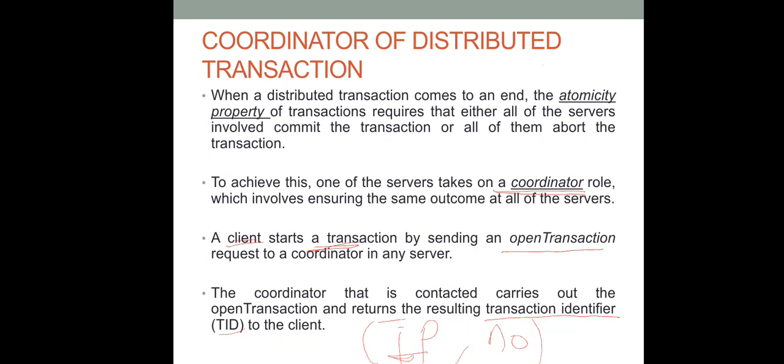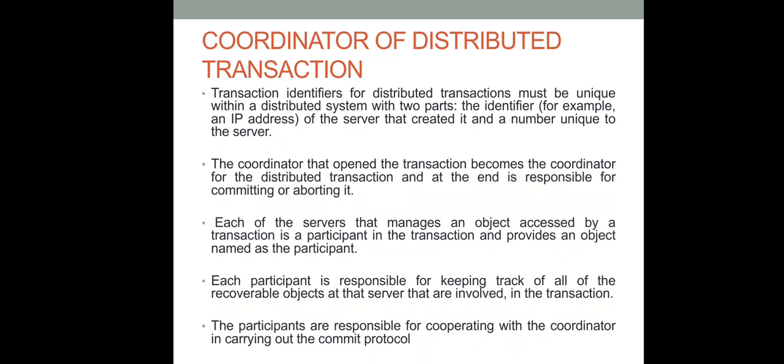So the steps are: first, for the open transaction, the coordinator will send the transaction identifier to the client. The client can have many operations, so the coordinator need not know what all operations the client executed. That is beyond the requirement from the distributed transaction. The coordinator only needs to know which servers were accessed for completing the execution of the client's transaction.